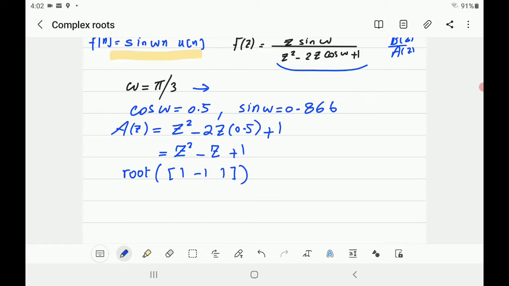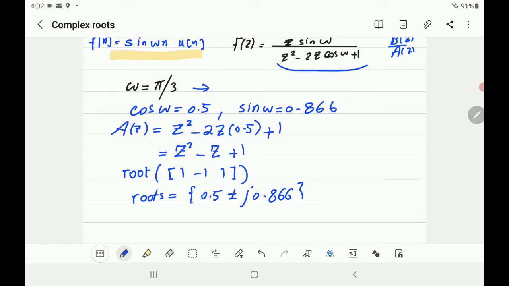Roots of 1, minus 1, 1, and enter. I found that the roots are 0.5 plus or minus j 0.866.